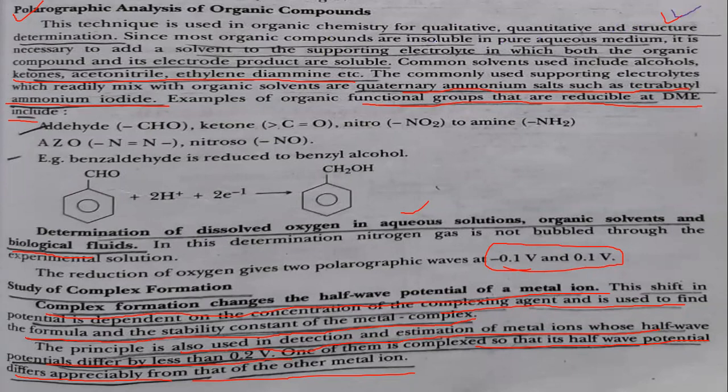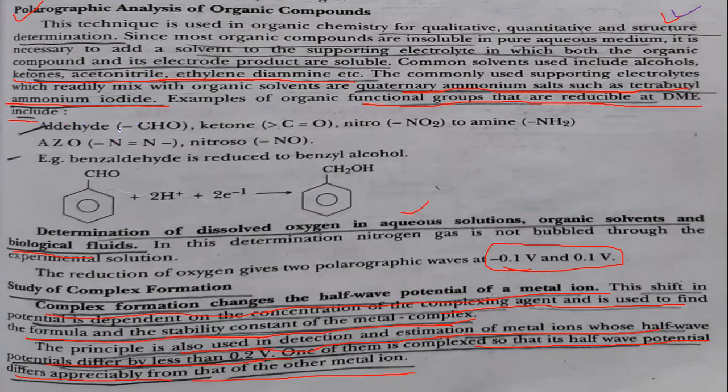Since most organic compounds are insoluble in pure aqueous medium, it is necessary to add a solvent to some supporting electrolyte in which both the organic compound and its electrode product are soluble. Common solvents used include alcohol, ketone, acetonitrile, ethylamine or ethylenediamine.